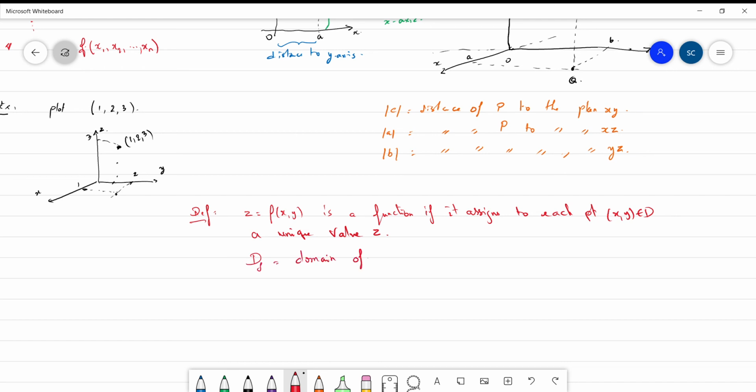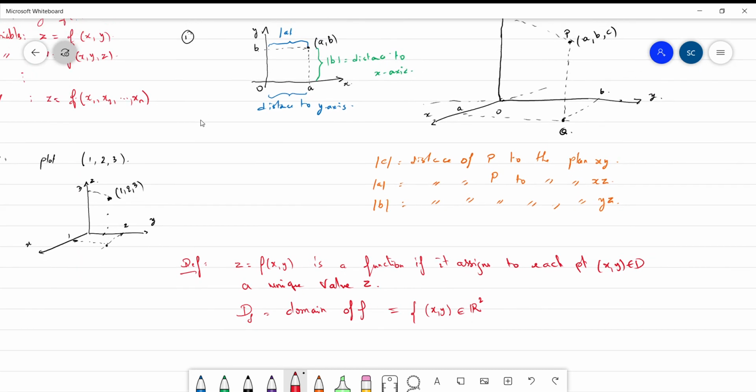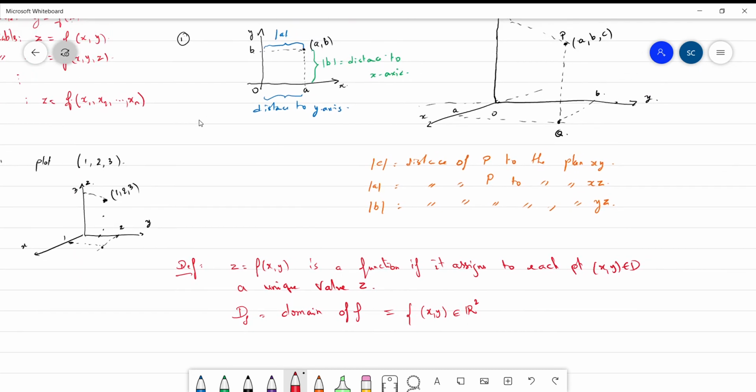It's nothing but all the possible points in the plane, which we denote R2, such that your quantity can be computed as a well-defined real number. Here we are working in R2, the plane.